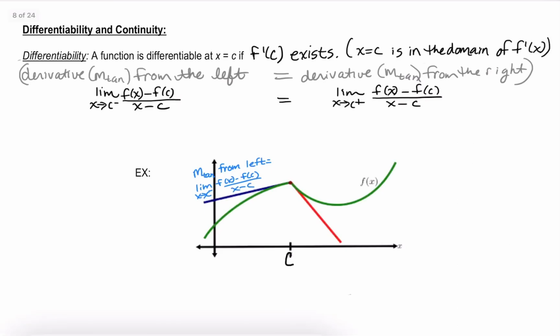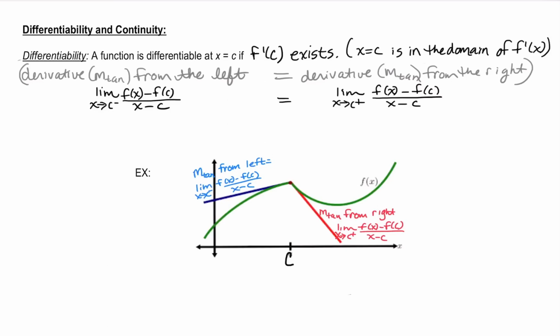And the red line represents the slope of the tangent line coming from the right, written more formally: the limit as x approaches c from the right of f of x minus f of c over x minus c.